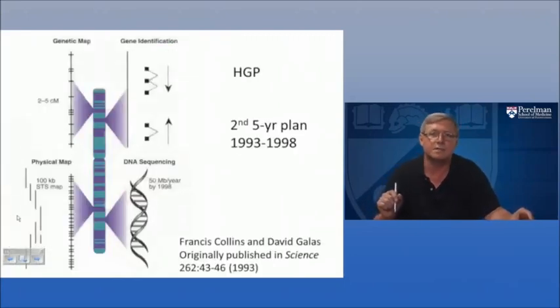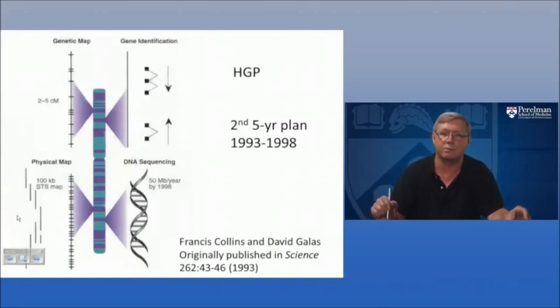So just 2 years into the first 5-year plan, a second 5-year plan was generated, primarily because of the extremely rapid progress in physical mapping, genetic linkage mapping, and also DNA sequencing technology. That second plan is illustrated here, where many of the goals that were outlined in the first plan were already achieved by 1993.